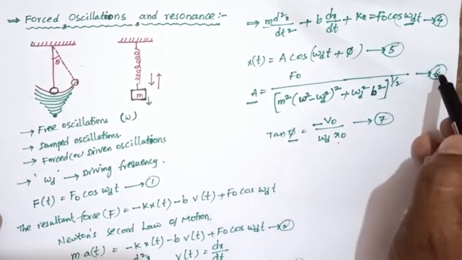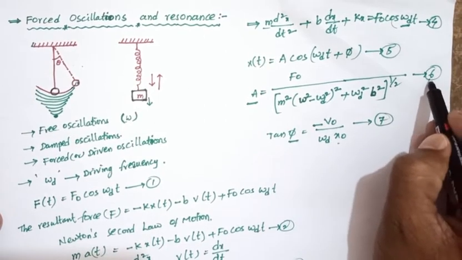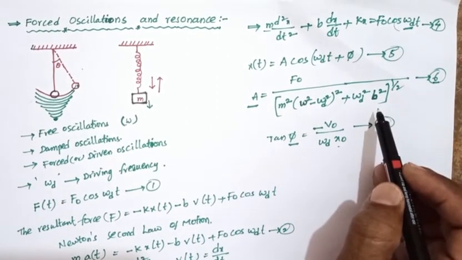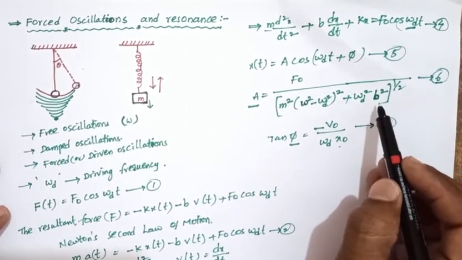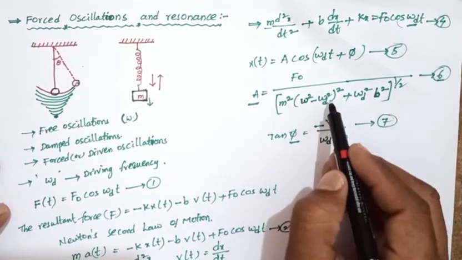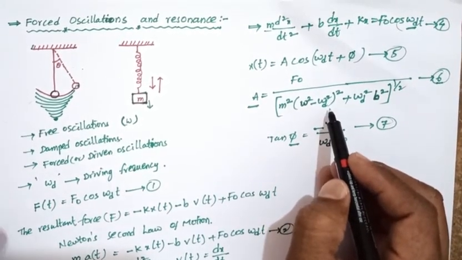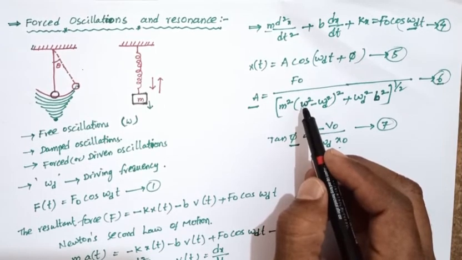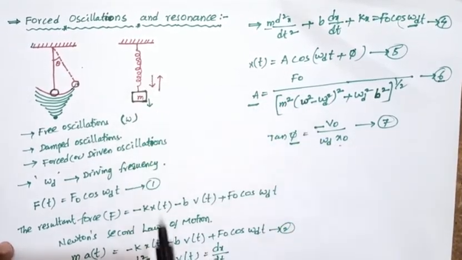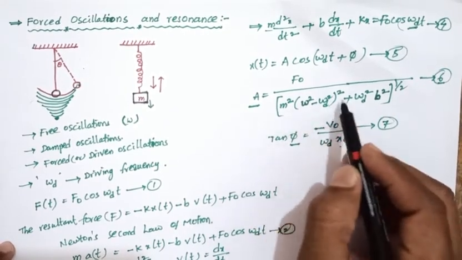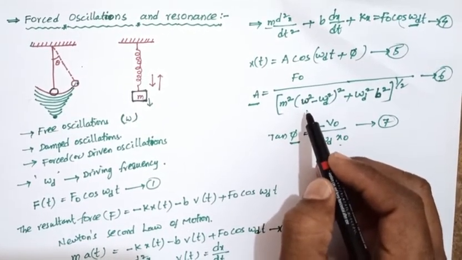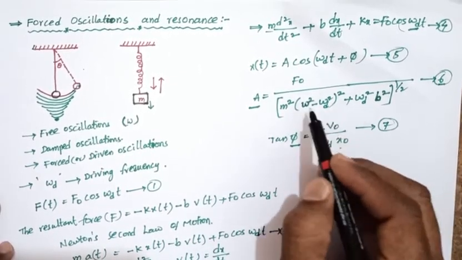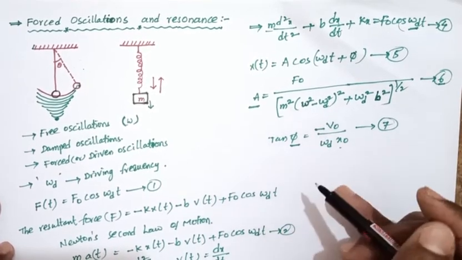So in equation number 6 we have taken two different cases. The first case: the damping constant is small, and the driving frequency is far from the natural frequency of the system. The second case: the natural frequency of the system is approximately equal to the driving frequency.